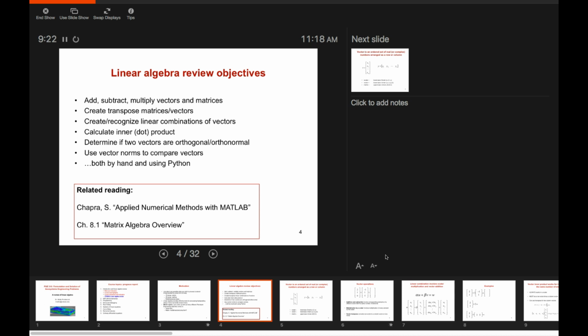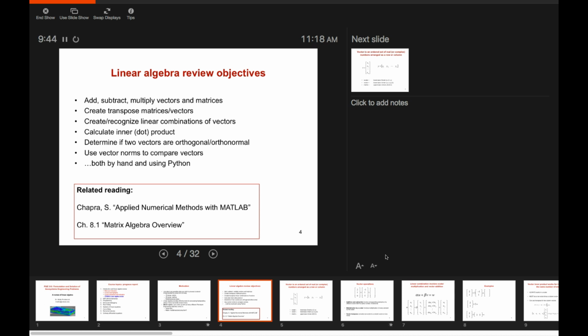So if I can express one vector as a linear combination of others, that reduces the amount of information I need to store. And that can actually help me out. And then there's dot products, determining whether two vectors are orthogonal or orthonormal, and using norms to actually compare them.